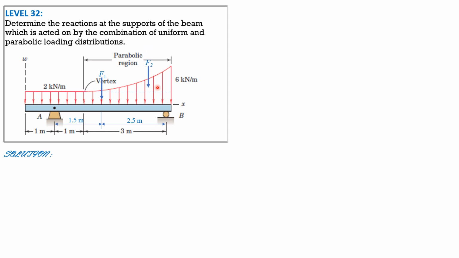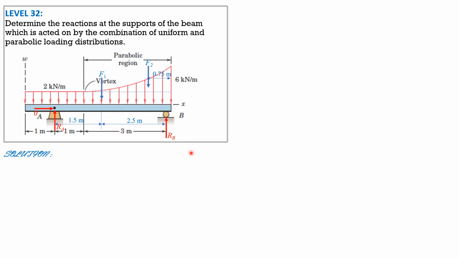Then we have F2. For this parabolic loading, the intensity here is 4, 6 minus 2. So 1/4 of 3 is 0.75 from the right. So call the reactions here as RA upward, and AX is 0, so that's why AY is automatically RA.